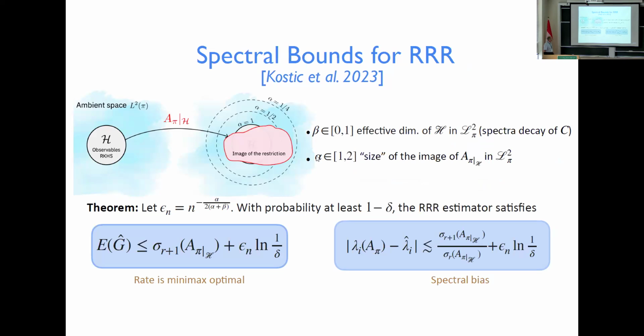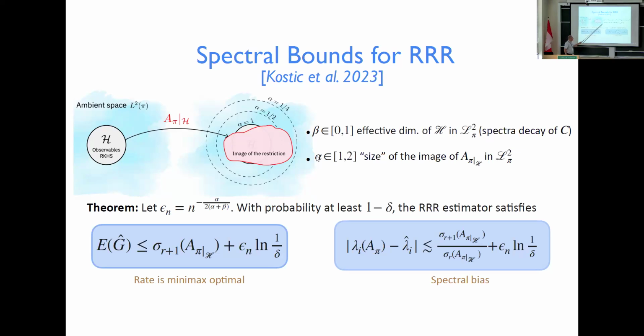So our bounds depend on two parameters. The first parameter is what is called the effective dimension. It depends on our Hilbert space and on the invariant distribution, and it measures the rate of spectral decay of the covariance operator. And the second parameter, alpha, measures the size of the image of the restriction of the transfer operator in L2.